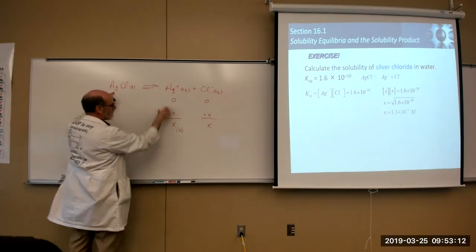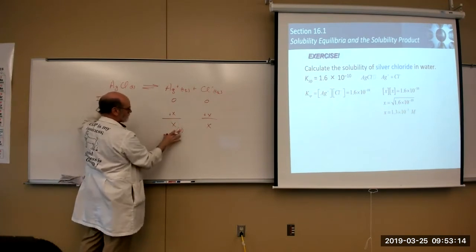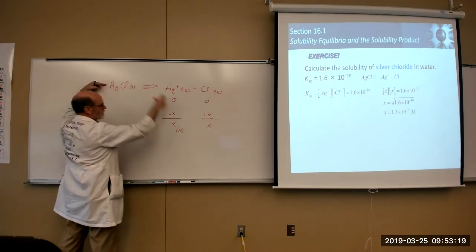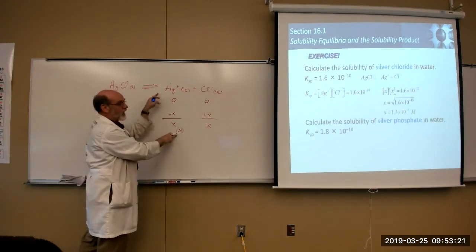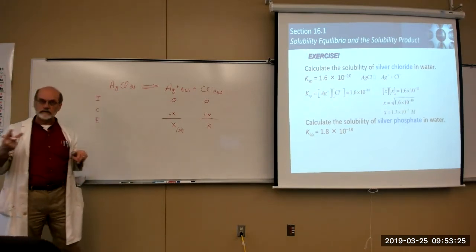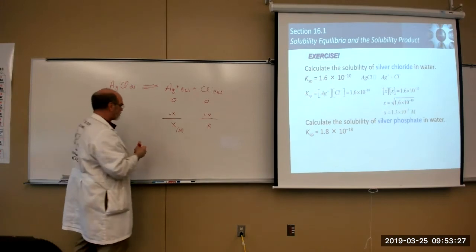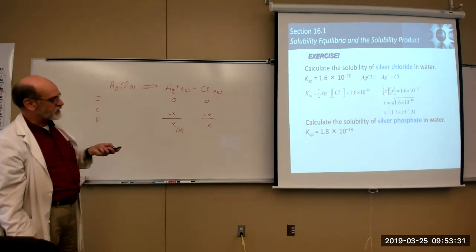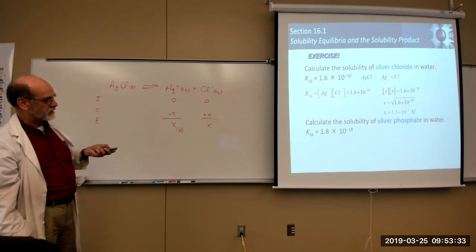So if we can say X molar silver, then we know that's so many moles of this went into solution to produce that one, because it's 1 to 1. That's why we're saying here that X is the term for solubility.